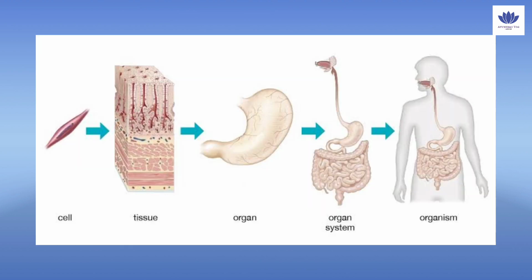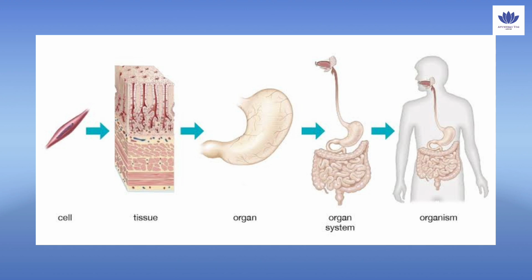Now, these cells, when they form a separate specialized group, are referred to as tissue. Various kinds of tissues come together and form organs. A group of organs which work together to carry out a particular function is referred to as an organ system.